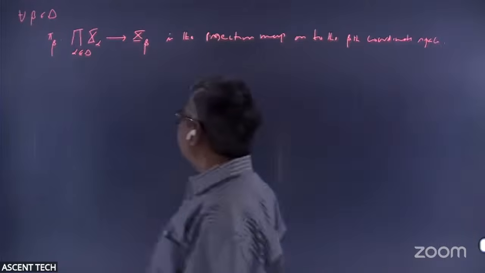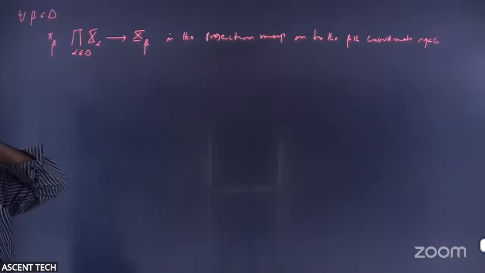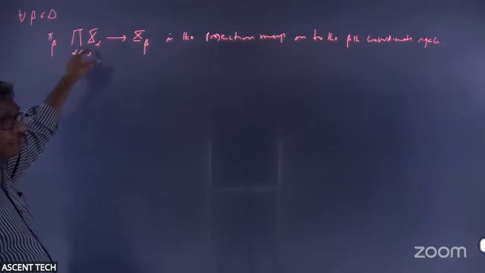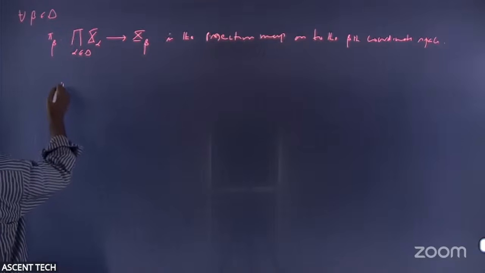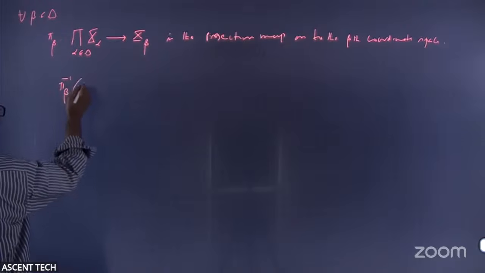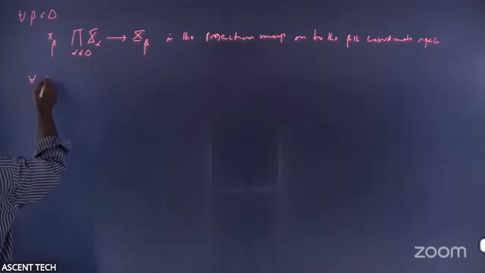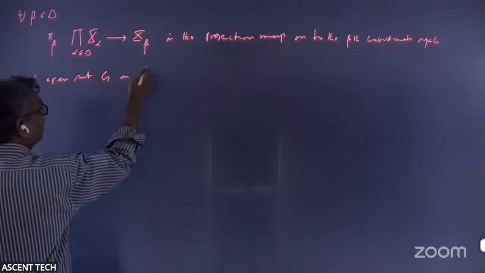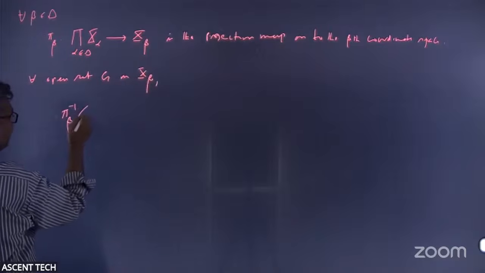And I think it's very easy for us. I have told you that this pi beta will be continuous. So if you pull back an open set, what do you get? Everywhere else is full space, and in that open set, you get an open set. So as a matter of fact, for any open set G in X beta, what is pi beta inverse G?